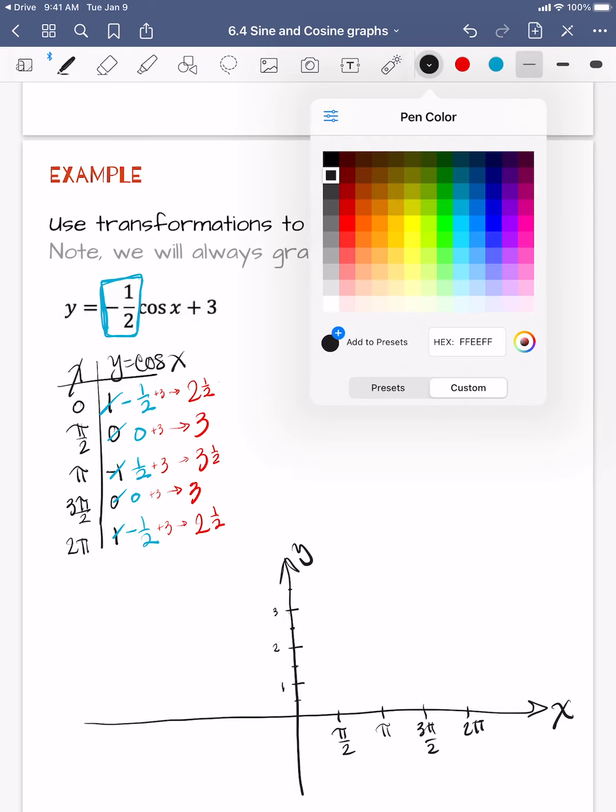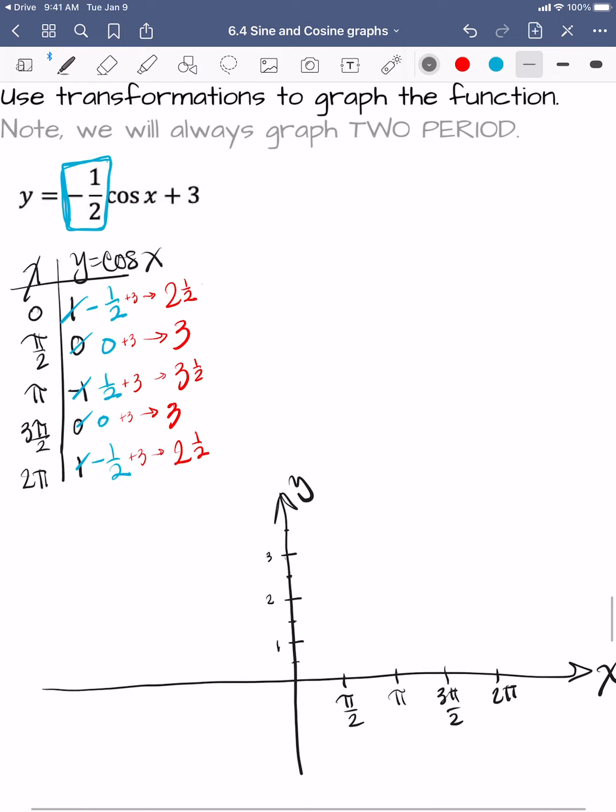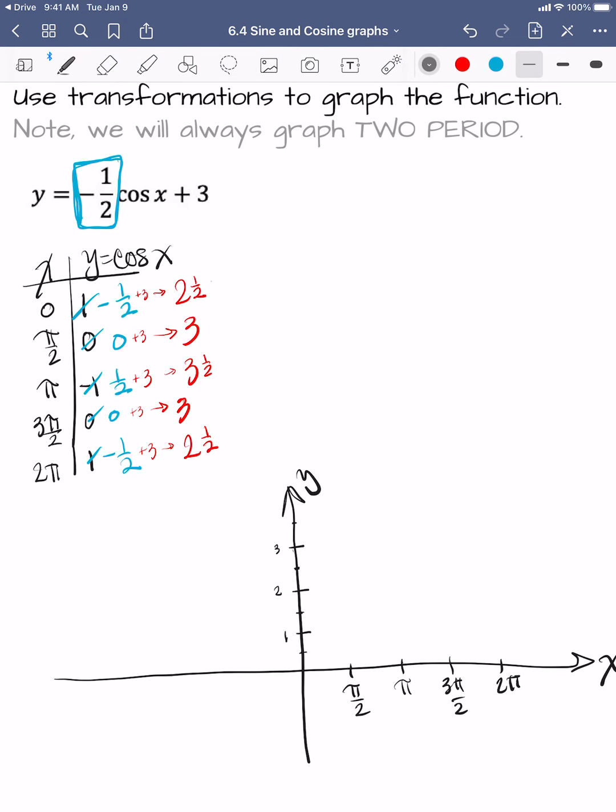Plot your points. So I'm at 0, 2.5. Then I'm at pi/2, 3. Then I'm at pi, 3.5. And then 3 pi/2, 3.